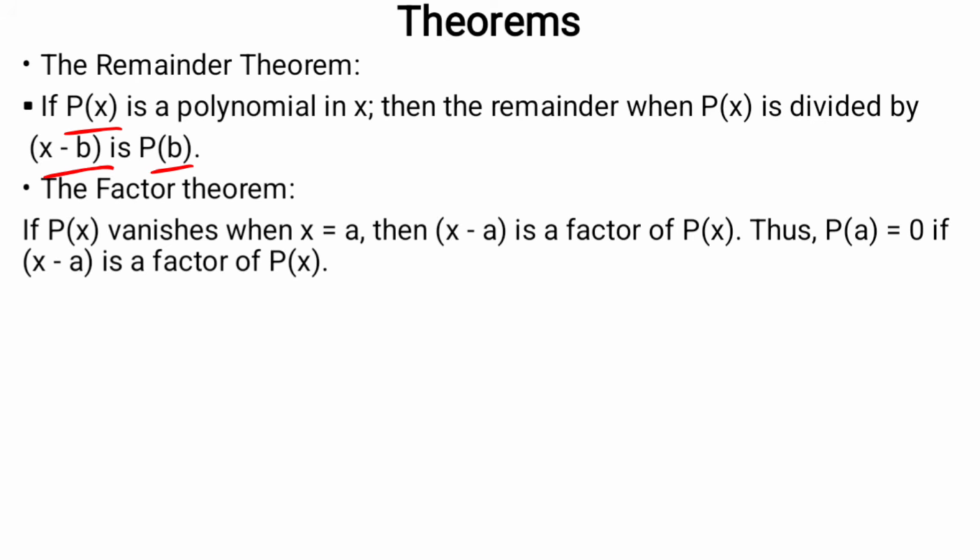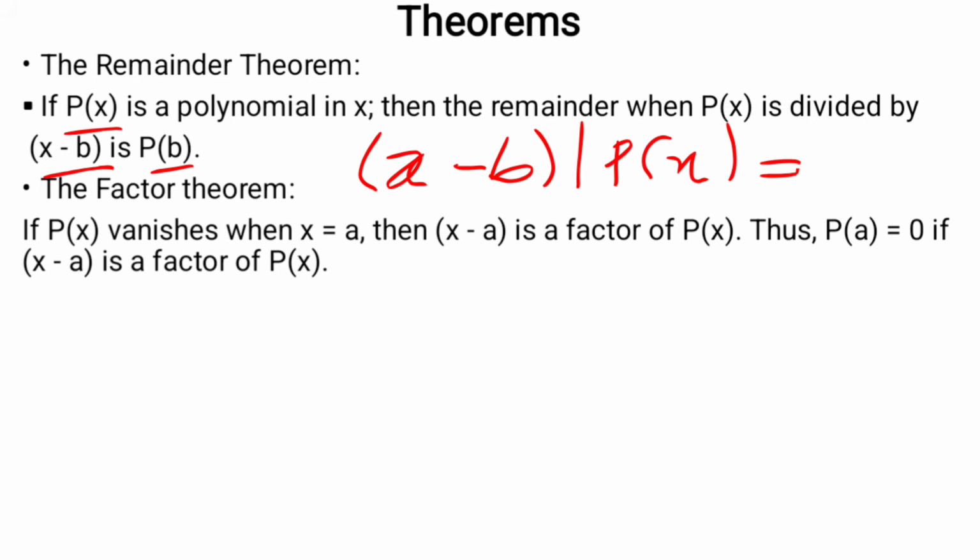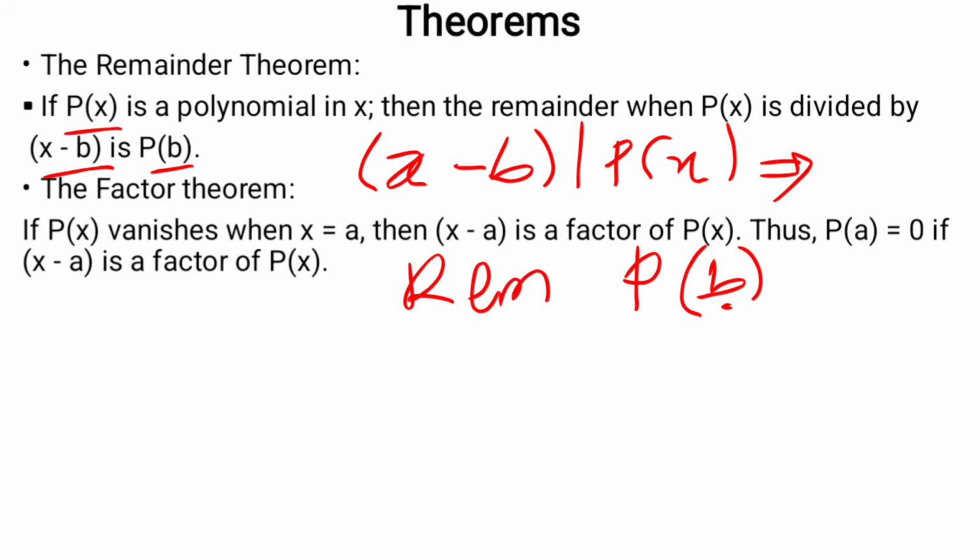That is, if x minus b divides p(x), it means that your remainder will be p(b). I will explain that to you, okay? Meaning that wherever you see x, you plug in b in the polynomial. You'll see an example. We'll consider an example shortly.